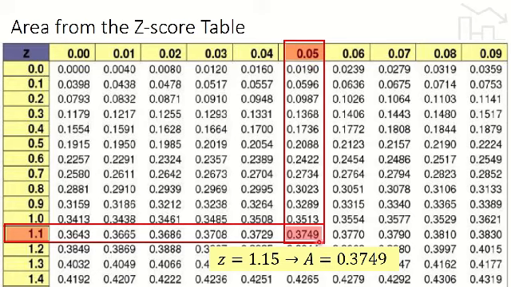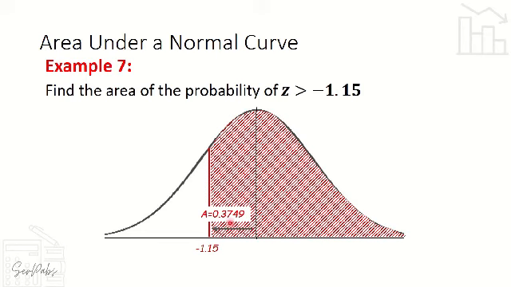So we have 0.3749. I-label natin, 0.3749. Yung kalahati ay automatically 0.5. Hindi na natin titingnan yan sa ating Z-score table kasi sabi sa introduction natin, half of the probability that are higher than the mean is automatically 50% of our probabilities.